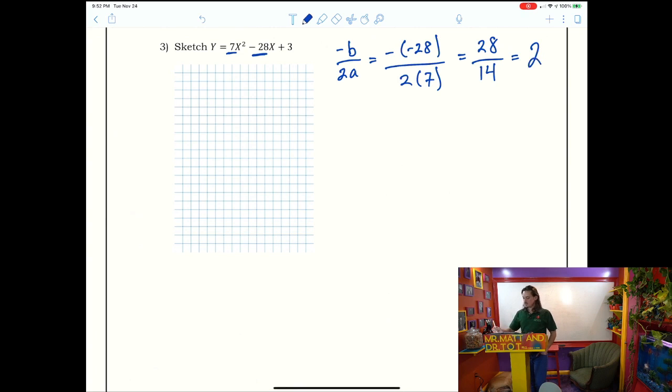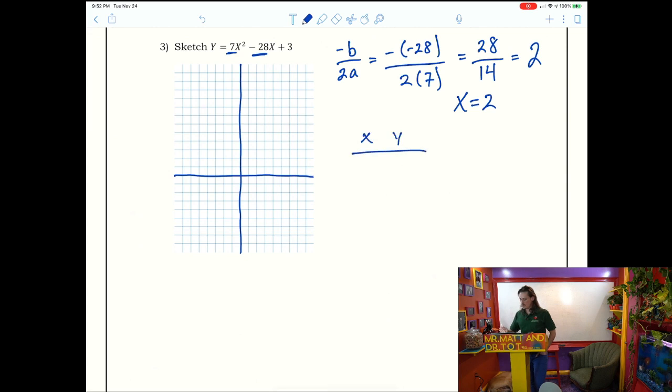So x is equal to positive 2 is our axis of symmetry. So that's definitely going to be an x-coordinate that I want to evaluate. And then I'm going to look a little bit to the left, a little bit to the right of that value. So let me evaluate x is equal to 1, 2, and 3.